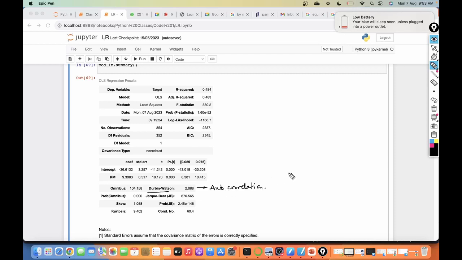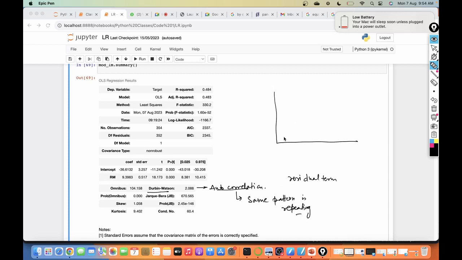Basically in the residual terms, the residuals. Instead of going first into what the autocorrelation is, let me tell you. Autocorrelation means basically the same pattern is repeating. Just try to understand like that.